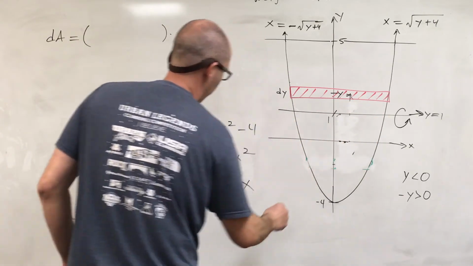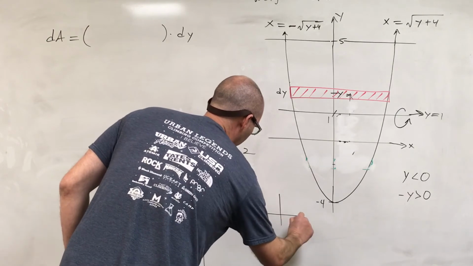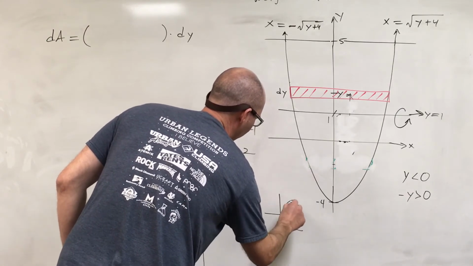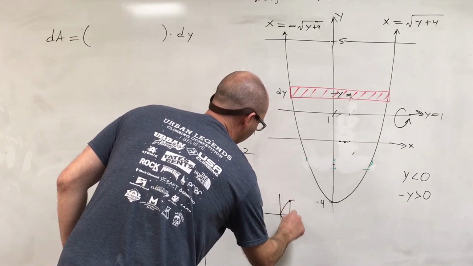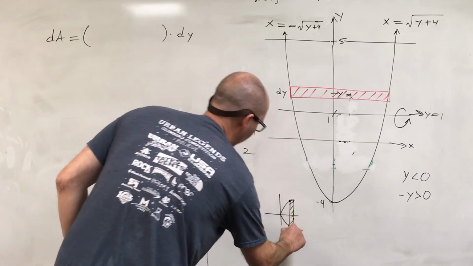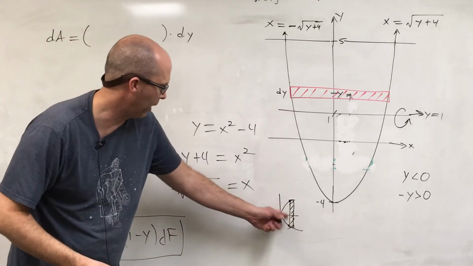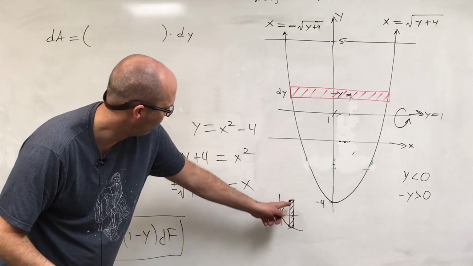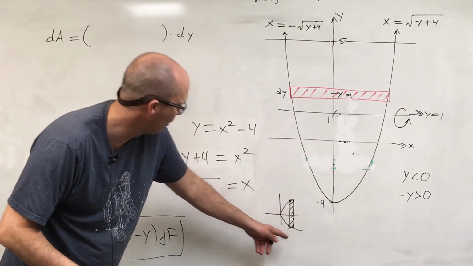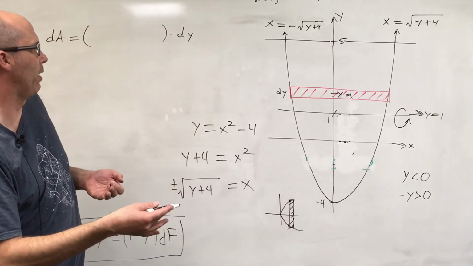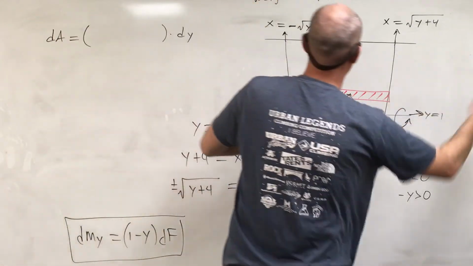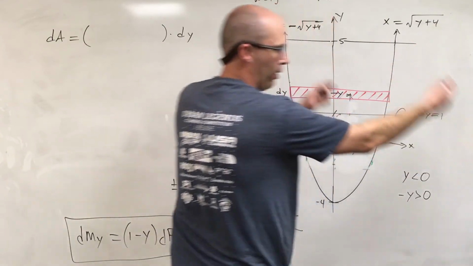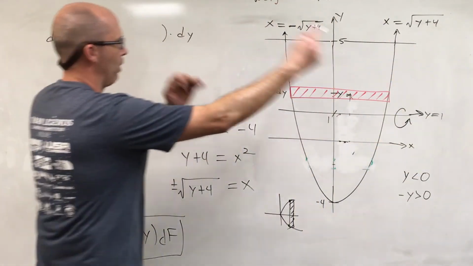Okay, the way I always think of this is, if we were doing something with the x, we'd have the top minus the bottom. That would give us the width of our strip. If we're integrating along the x-axis, we'd say top minus bottom. Now what is top minus bottom when you're integrating along the y? It's the thing that's more positive, more to the right than the left.